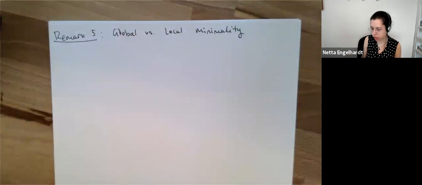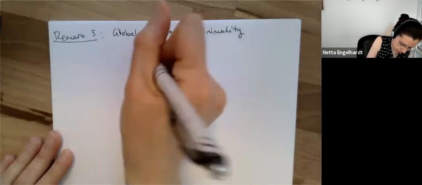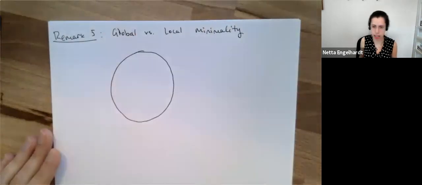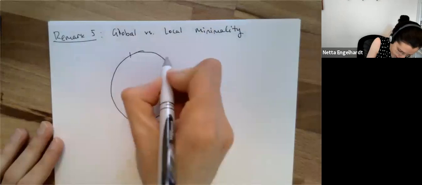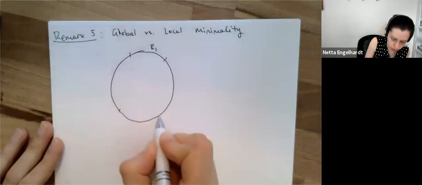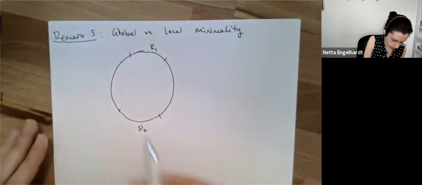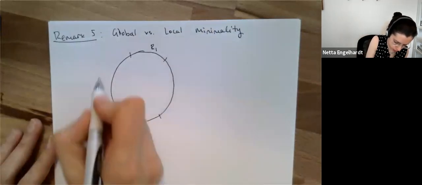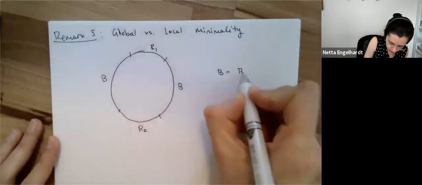Suppose that we're interested, for example, in the case of 2 intervals in AdS. This is a static slice of AdS, and suppose we're interested in the union of the intervals R1 with R2. I'll call the remaining pieces just B, so that B is equal to the complement of R1 union R2.